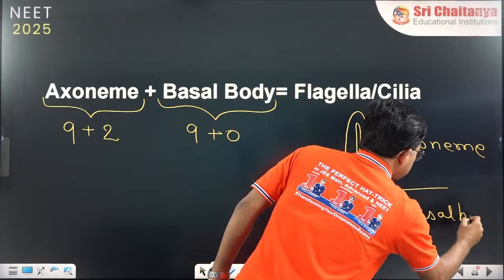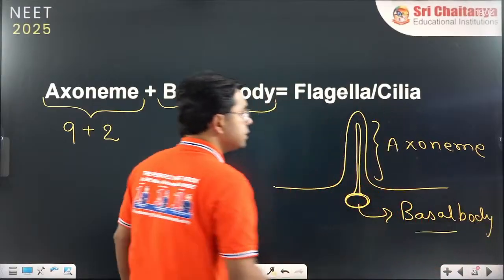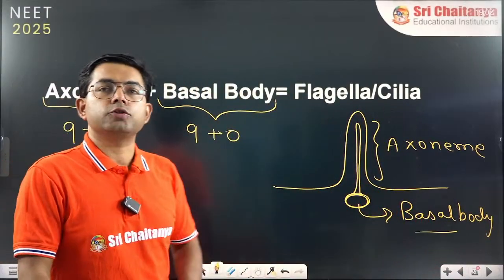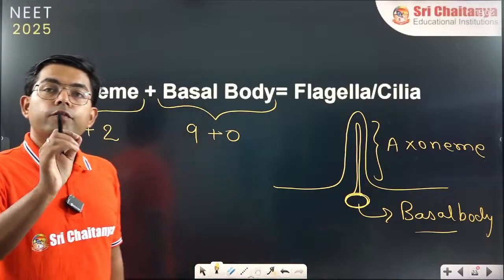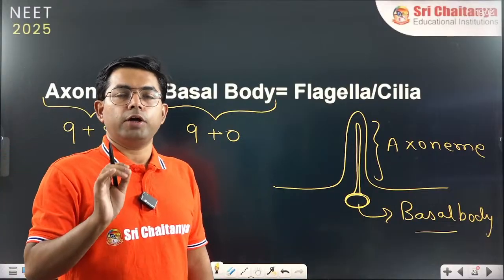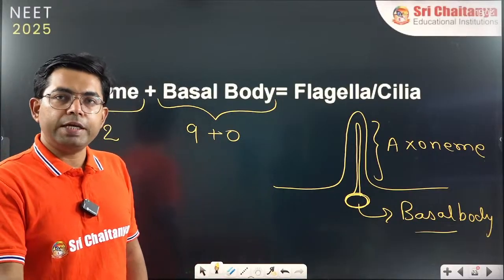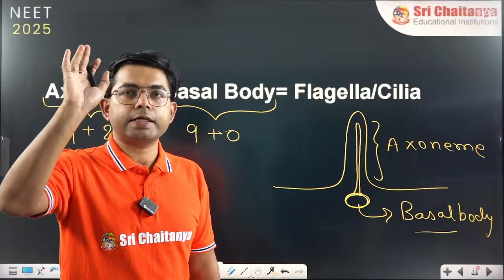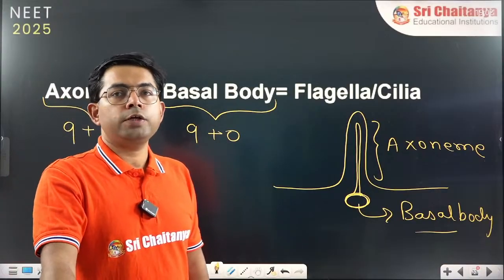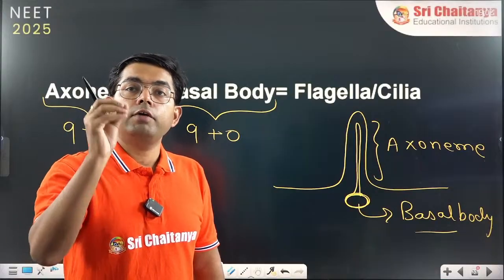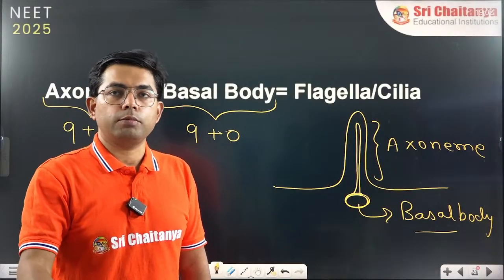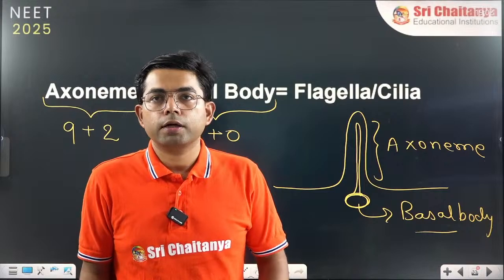So in the last class we have already discussed the axoneme in detail. Now today we will focus on the basal body, but before going to the details of the basal body, just once again we will see the arrangement of the axoneme. So first of all, when I say arrangement of the axoneme, what arrangement are we talking about?